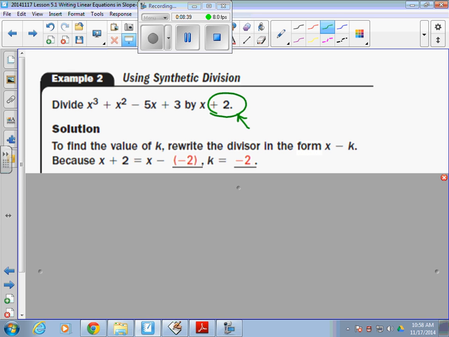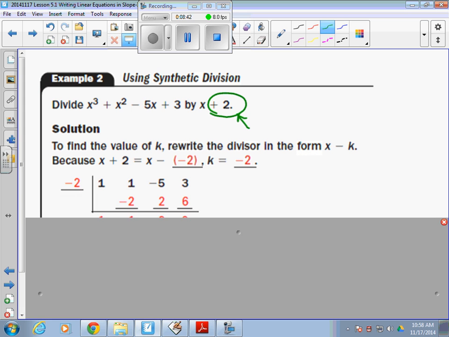So in order to use synthetic division, we're going to set up something that looks like this. Okay, it looks real funny at first, but it's very easy. This term out front is your k value. So since it was positive 2, we write negative 2 right there.